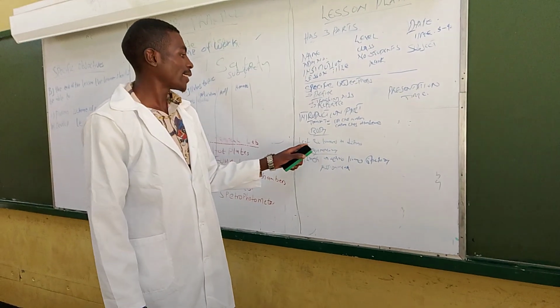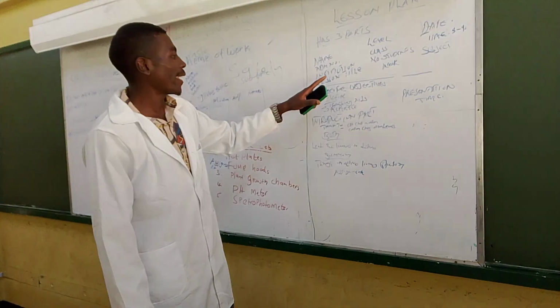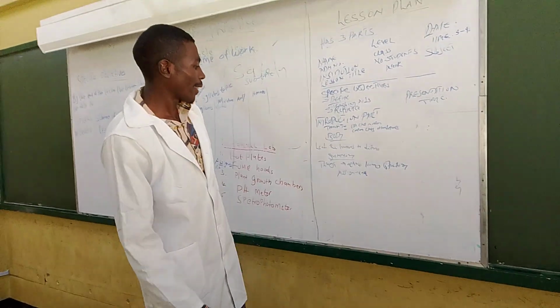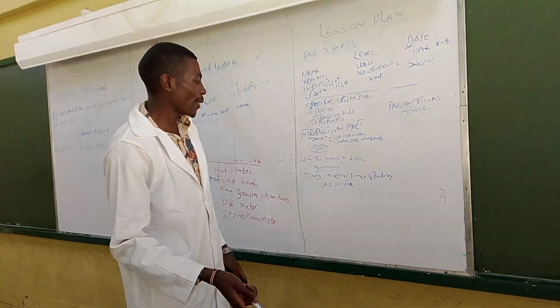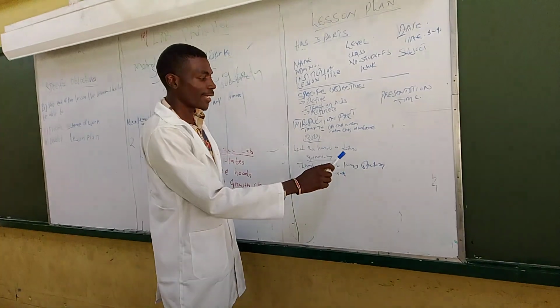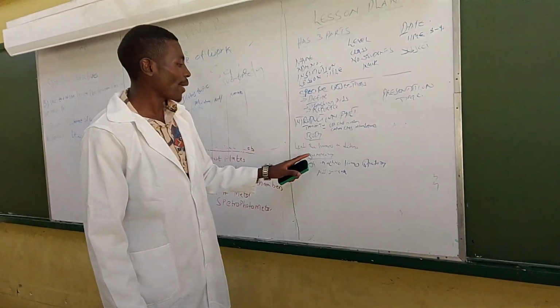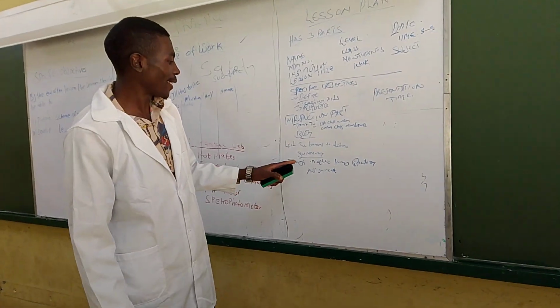After there we go to the body. Maybe the trainer leads the learners to define terms indicated there in the lesson title. Then after there we go to summary. Summary, maybe the trainer will use an active learning strategy to summarize what he has taught in the class.